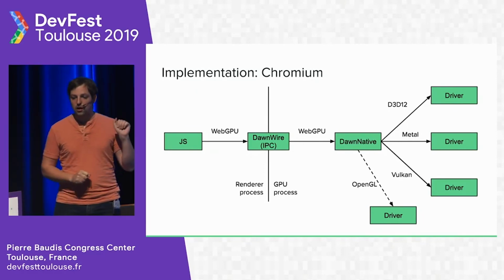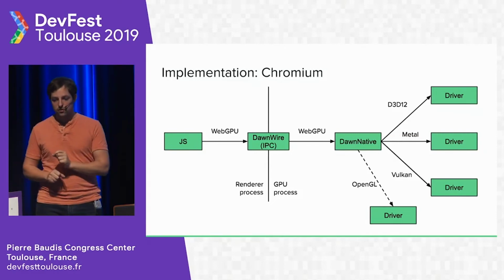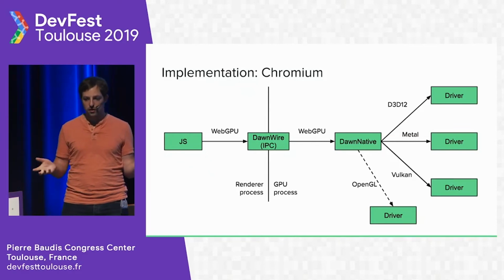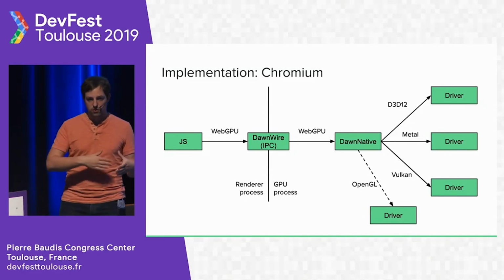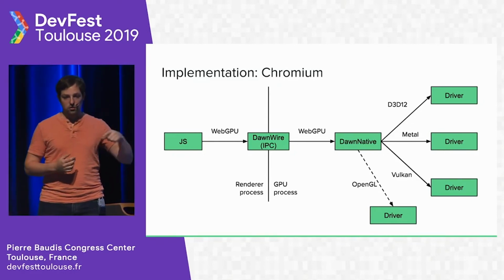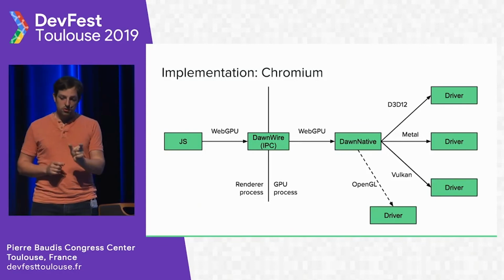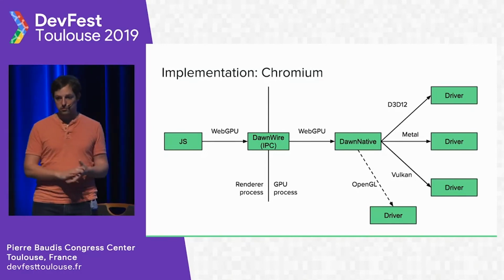But anyways, if you're a JavaScript application and you use WebGPU, what's going to happen is first, on the render process side, the WebGPU commands are going to flow to something we call dawn wire, which is an IPC, inter-process communication serialization thing, that will send the command through serialization, deserialization to the GPU process. So the WebGPU commands are forwarded to something that we call dawn native that lives in the GPU process.